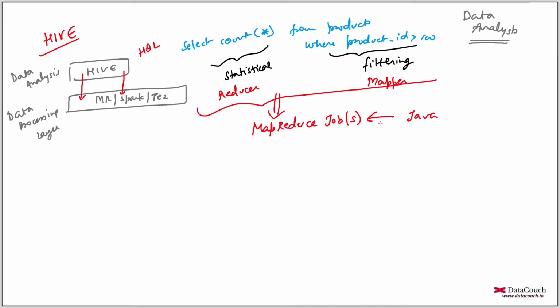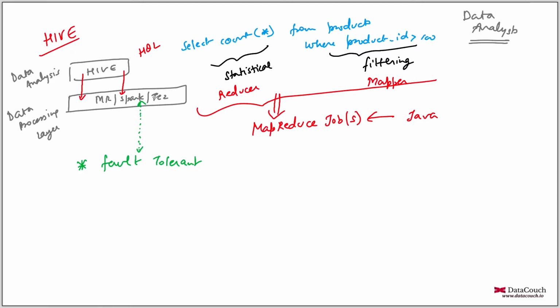Now, the Hive framework as such is fault tolerant. It is fault tolerant because it is running on MapReduce, Spark, or Tez, and these frameworks are fault tolerant, so that's why Hive is also fault tolerant. But many technologies in the data analysis world are not fault tolerant.